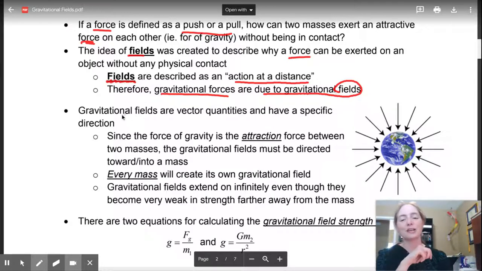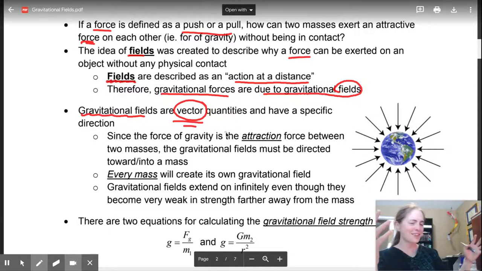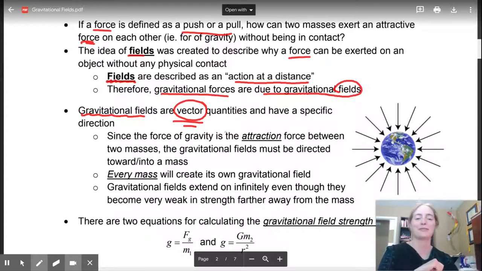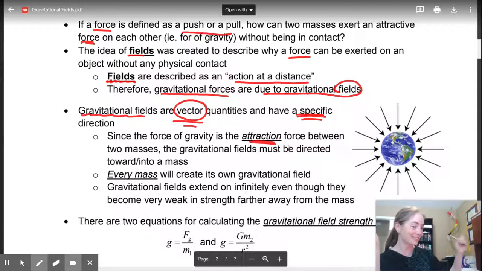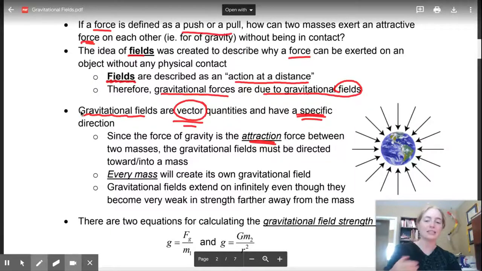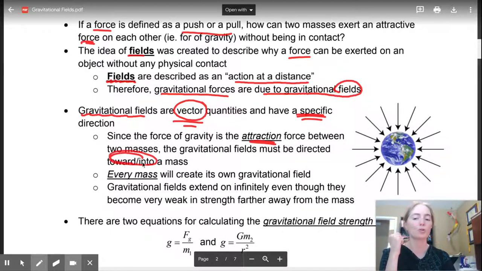So, ladies and gentlemen, gravitational fields are vectors. They've got direction, and they have a very specific direction. Because gravitational fields are attractive forces, the gravitational field must be directed towards or into a mass.